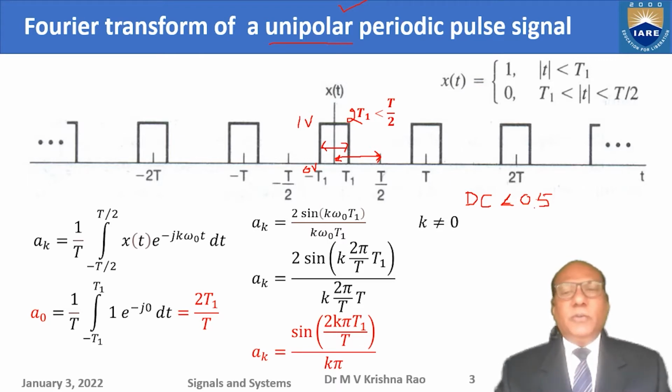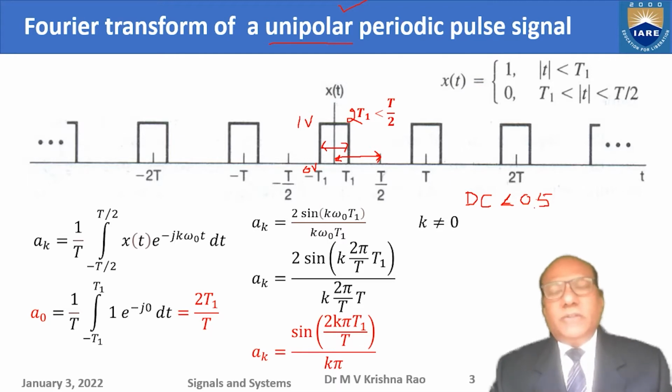If I take a bipolar pulse, you can have equal positive and negative levels probably, and they may cancel each other. But when I say unipolar, there are no such cancellations. Always there will be some DC, irrespective of the duty cycle.